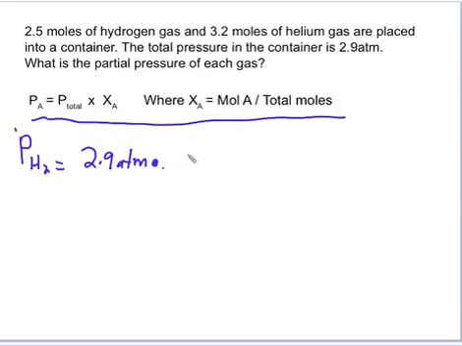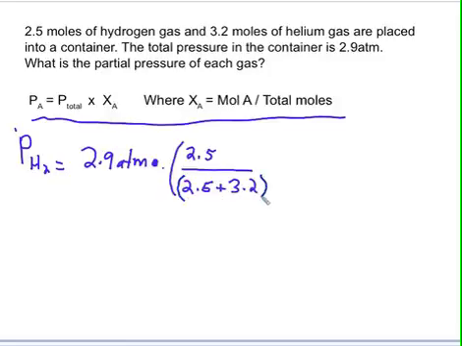We have 2.5 moles of hydrogen, so we're going to take 2.5, and I just put this in a big parenthesis here, and divide that by the total moles in the container, which will be 2.5, that's the hydrogen, plus whatever other gases, in this case just helium, so 3.2. You'll probably want to put little parentheses around that. If you do that, that should tell you the pressure of the H2.